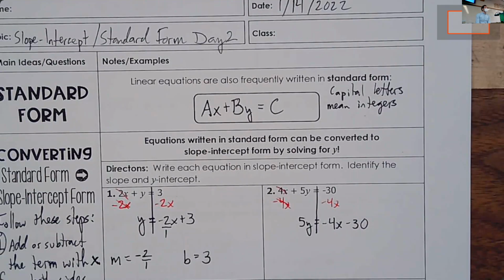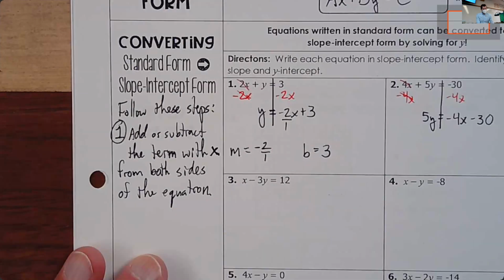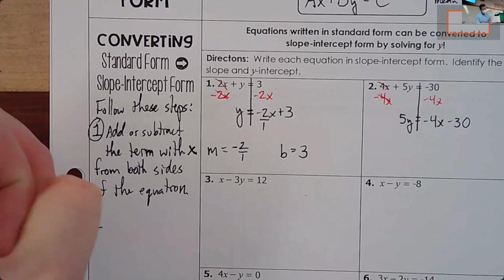-4x minus 30. My next question for you is y all by itself? No. What's happening to it right now? It's got a 5 next to it. All right, so we have to do a second step here. So off to the side, we're going to have step 2.